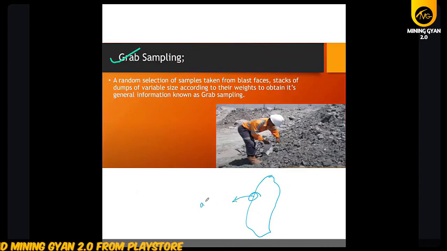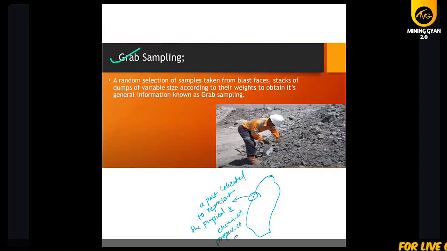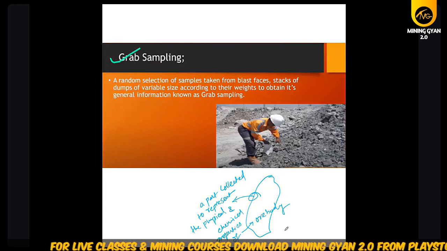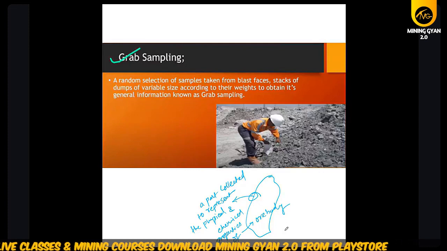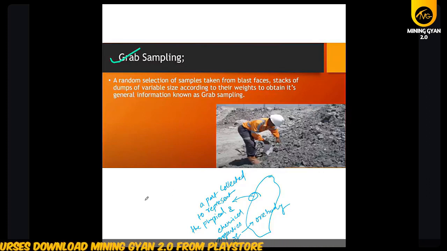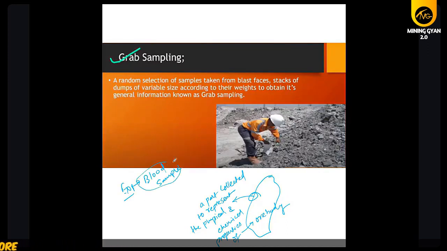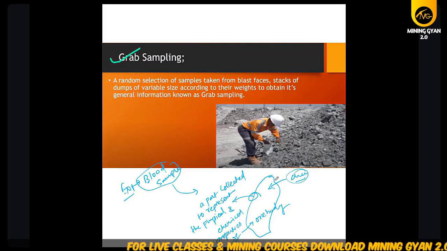A part is collected to represent the physical and chemical property of your ore body. Sampling means you pick up a small amount from some places and check its chemical and physical properties, and we assume the whole ore body will have the same chemical and physical properties. For example, what is taken from your body? A blood sample. Similarly we take a sample from our body and try to find out the chemical and physical property of our body.